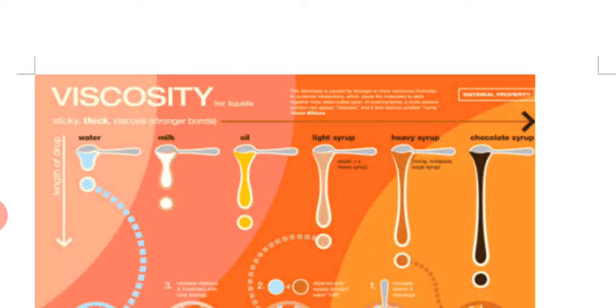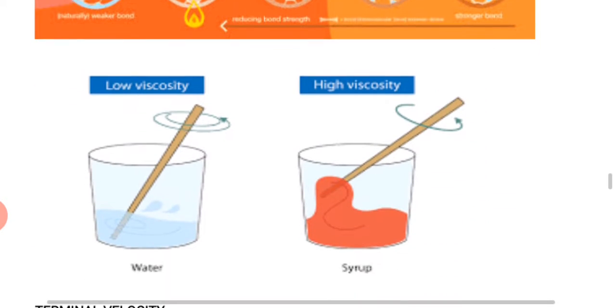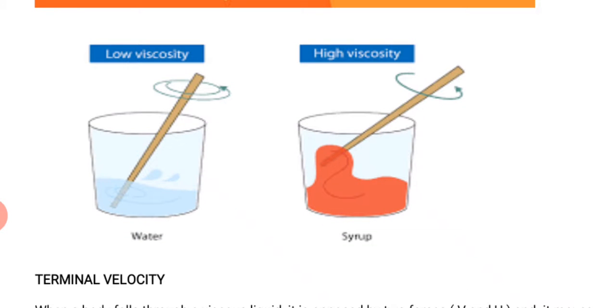And we have milk. We have oil. We have light syrup. We have heavy syrup. And we have chocolate syrup. So all this. Then we have another diagram below it, which tells us more about viscosity.